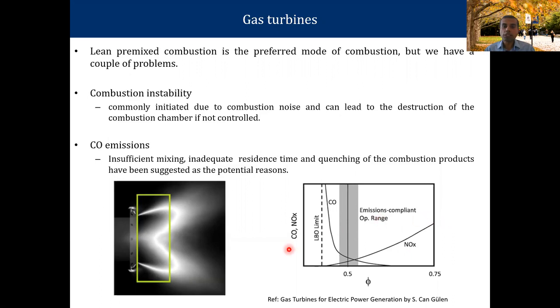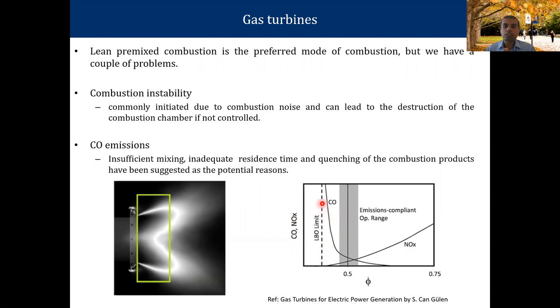As we make the mixture leaner, as we put more air into the mixture, you can see that, especially at low load, the amount of carbon monoxide increases, okay? And again, this is not something we want.